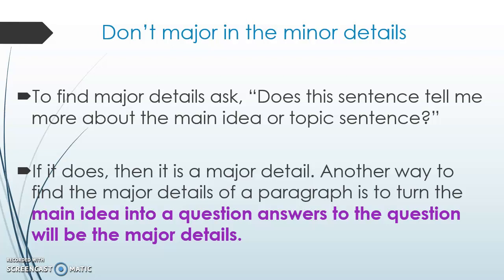And if it's giving us more information about the main idea or the topic, then 99.99999% of the time, it is a major detail. Understand? All right. And another way to find the major details of a paragraph is we just flip that main idea into a question, and any answer to that question will be a major detail.